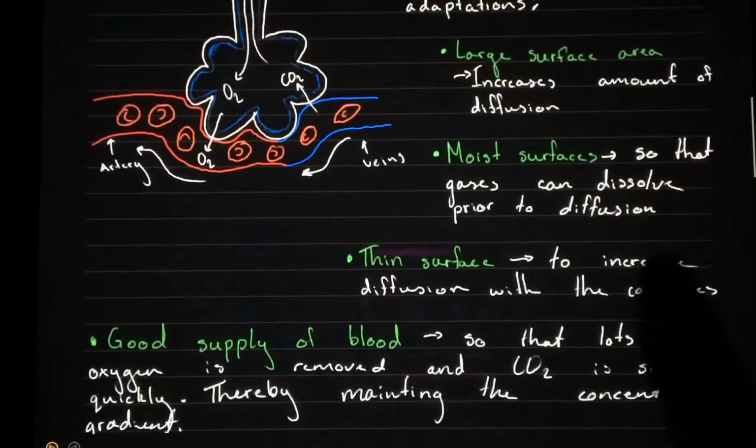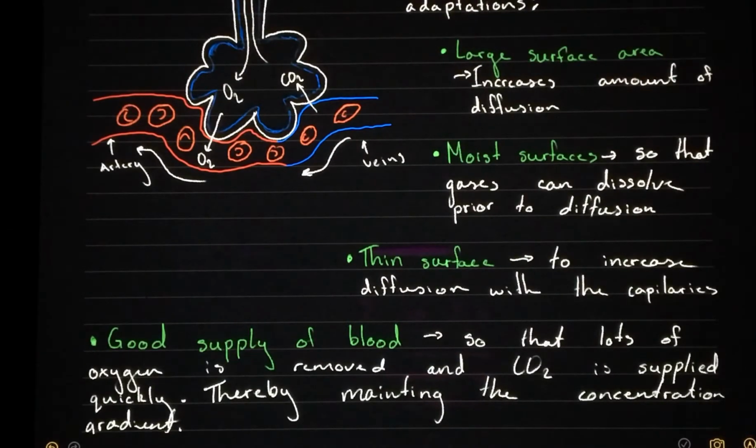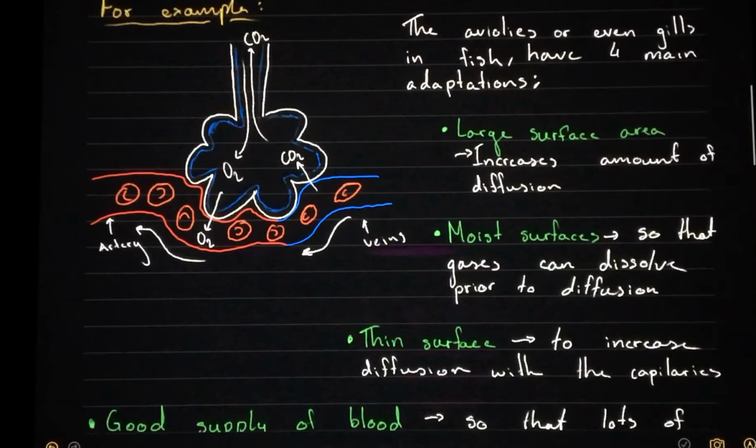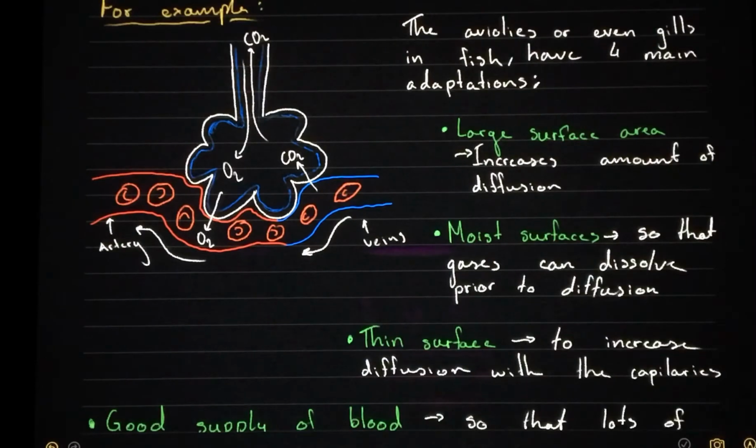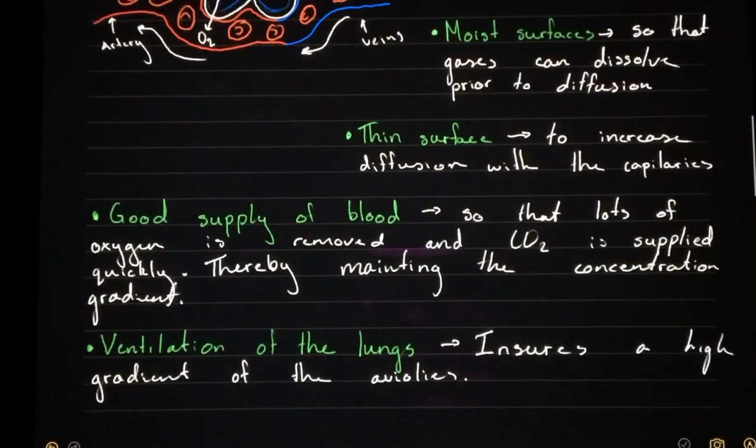It has a good supply of blood. The supply of blood is quite vital, because you want a more concentrated amount of blood so that there's a higher amount of gas exchange. And then there is the ventilation of the lungs. That's just basically breathing. Breathing in itself is an advantage.